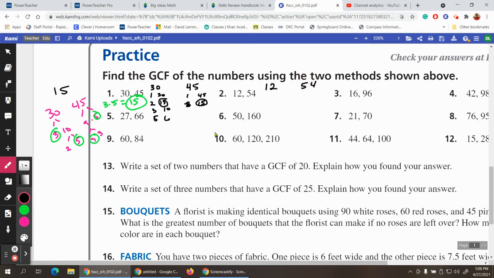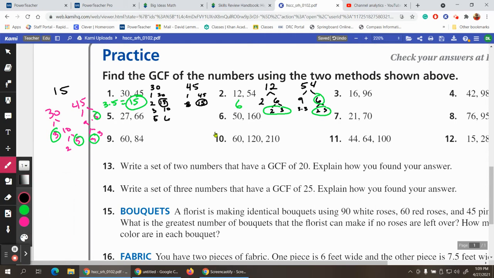If we do the prime factorization, it might be a little quicker. 12 is 2 and 6, and 6 is 2 and 3. 54 is 9 and 6, and that's 3 and 3, and 2 and 3. So their common factors are 2 and 3, which of course is 6. So 6 would be my answer here.